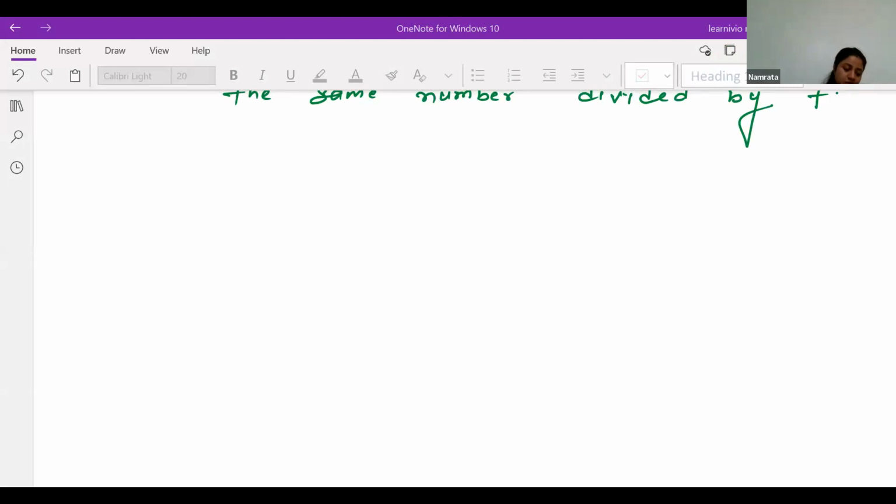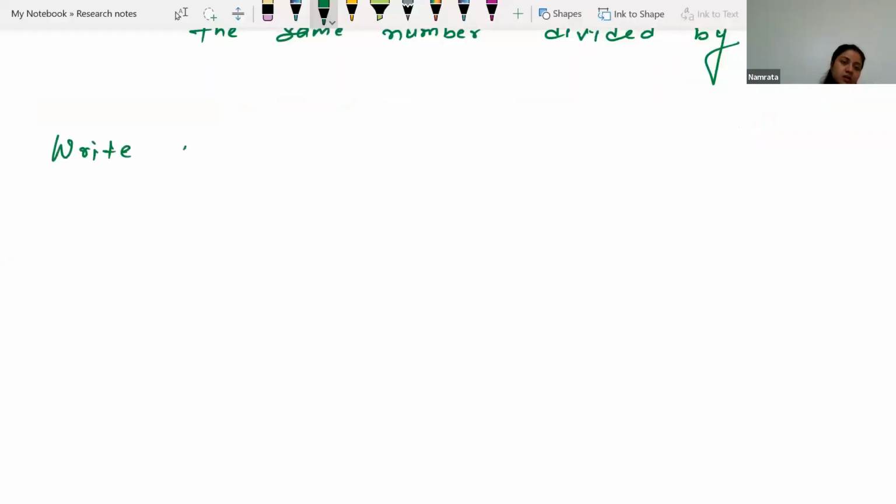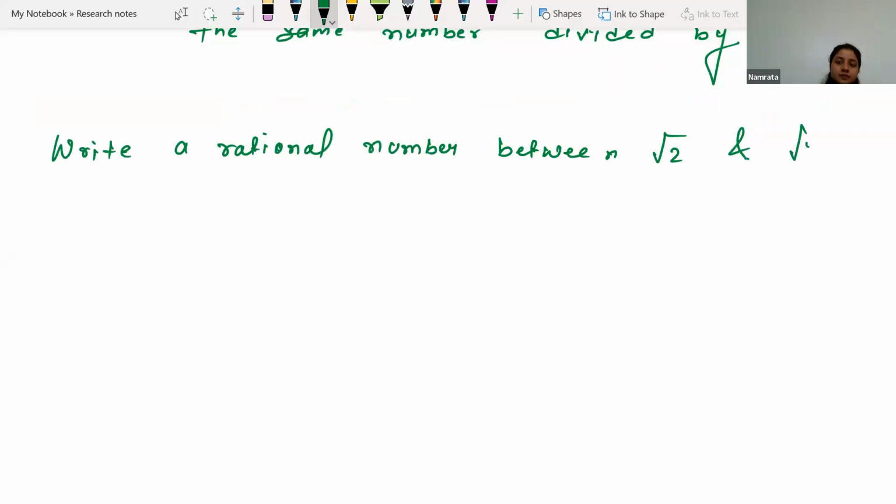If I'll be taking this question: write a rational number between root 2 and root 3.